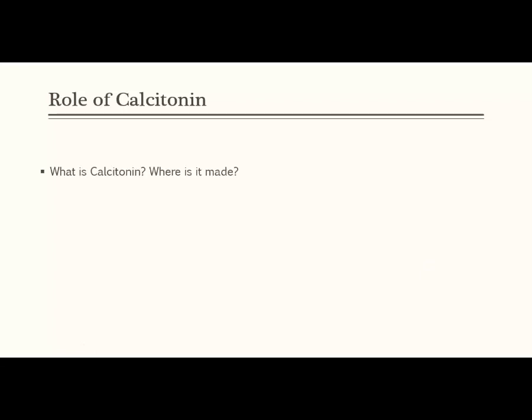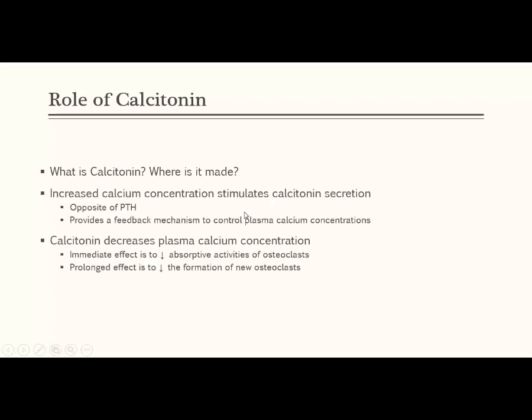And then calcitonin. Do you remember what calcitonin is and where it's made? So calcitonin is a hormone that has the opposite effects of PTH and is actually made in the thyroid by specific cells within the thyroid that make up a small minority of thyroid cells.